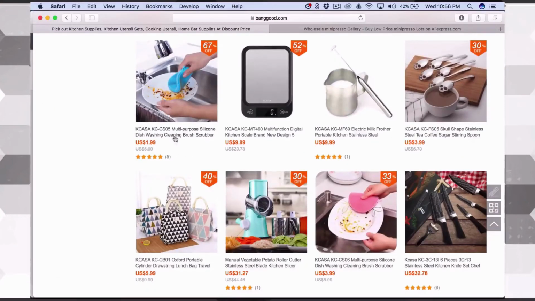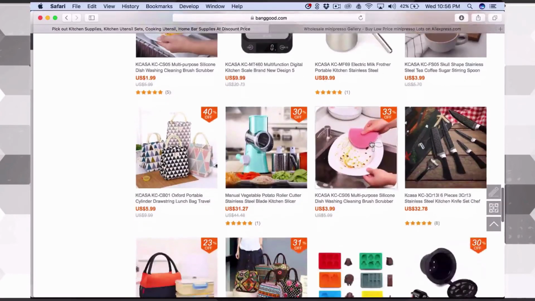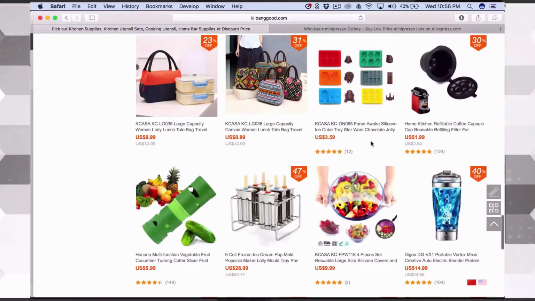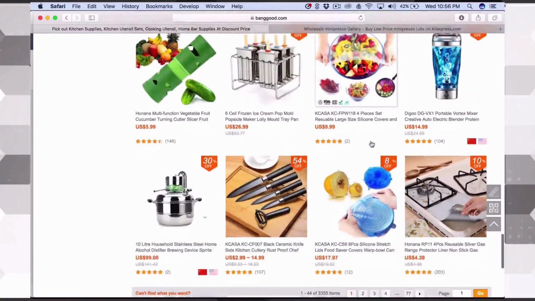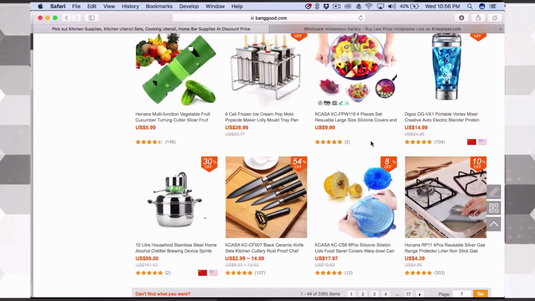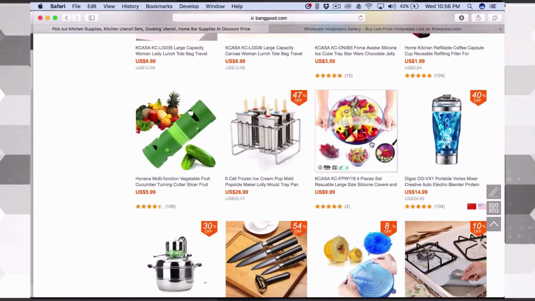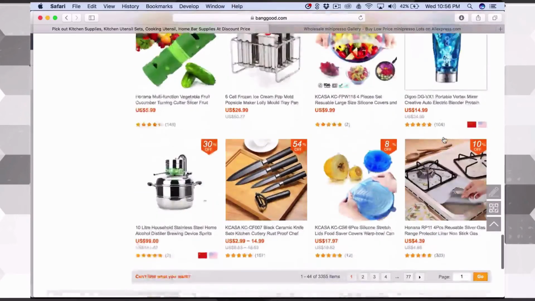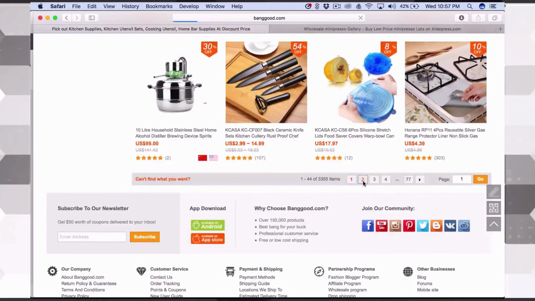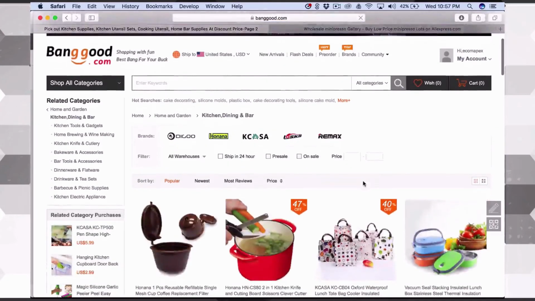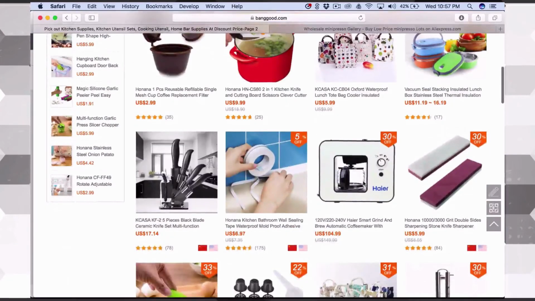Look at the price here, like, oh, this is $1.99, maybe AliExpress has it for 90 cents, right? $1 cheaper is a long way when it comes to advertising. It goes a long way. So $1 can make a difference. This electric blender is really cool, does really well, and they have pages of this stuff, right? Pages, so you can easily look through and find some cool stuff.